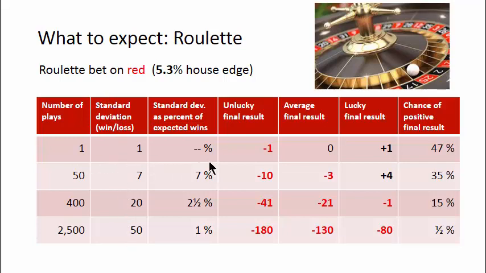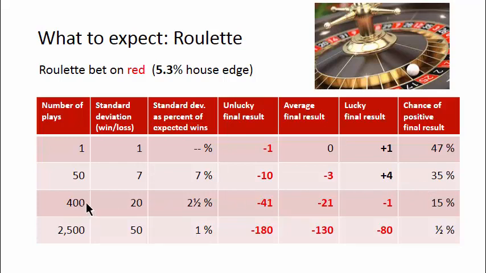For a single spin, the chance of a positive result is 47%, a nearly even game. For a 1-hour session, the average loss is 3 bets. An unlucky session, 1 standard deviation down, is a loss of 10, and a lucky session, 1 standard deviation up, is a win of 4. The chance of a positive end result is still decent, 35%.